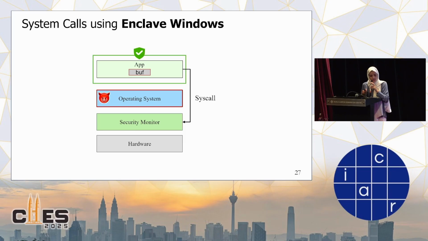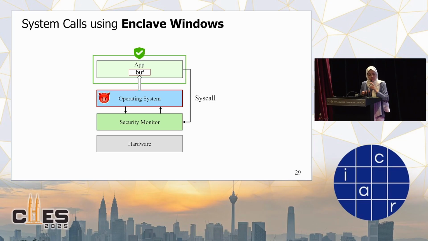Let's consider that the application wants to share some data with the operating system in the form of a system call parameter. The security monitor will create a window corresponding to this memory region, and it will register it with the hardware so that the hardware eventually allows the OS to access this specific memory region. It will then transfer control to the operating system, and the operating system can access this memory region for the execution of the system call.